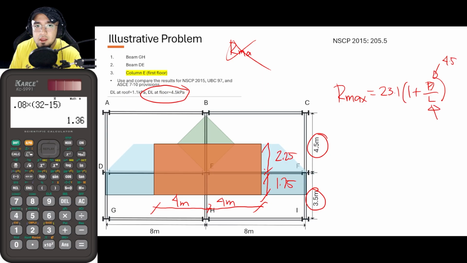Tapos yung L natin dito, this is 1.9. Yung sagot natin dyan was 77%. Okay? So again, this is only for the floors. But what about for the roof beam?